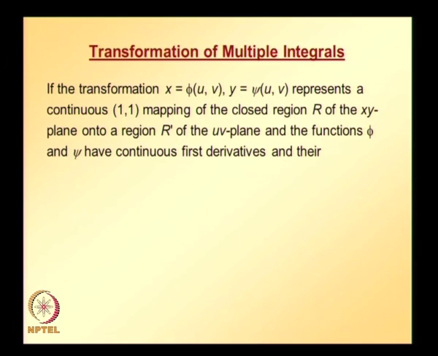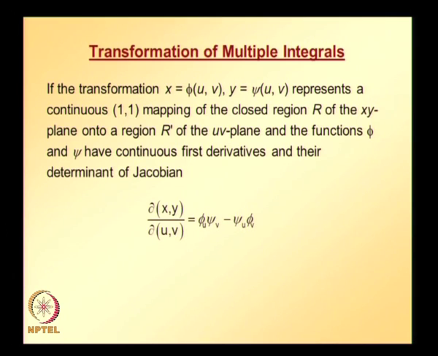So these are the requirements, and the determinant of the Jacobian is given by this.